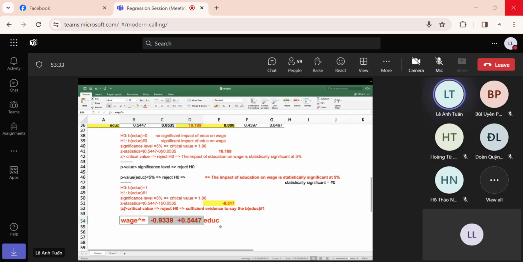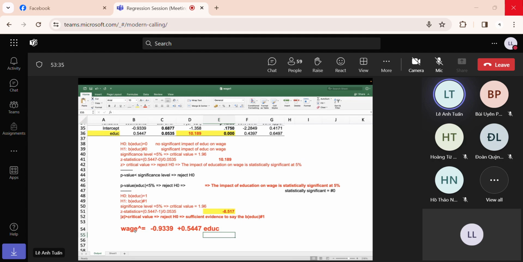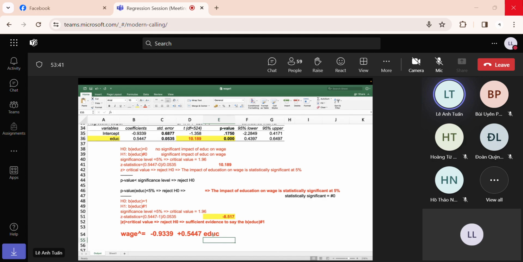So this is a model. We have the fitted value of weight, we have the intercept here, and then the coefficient on education.